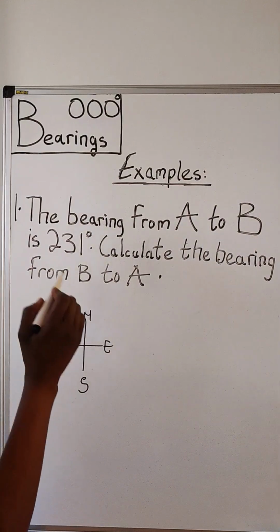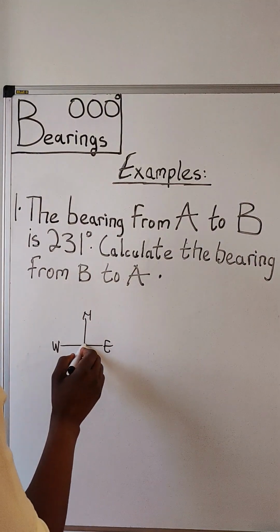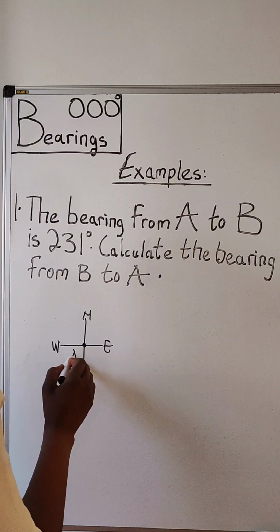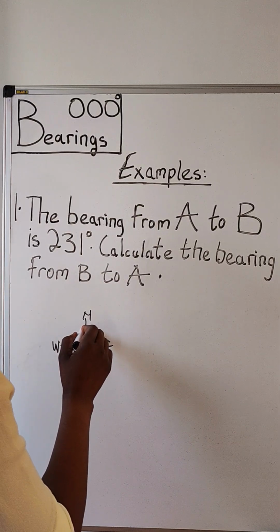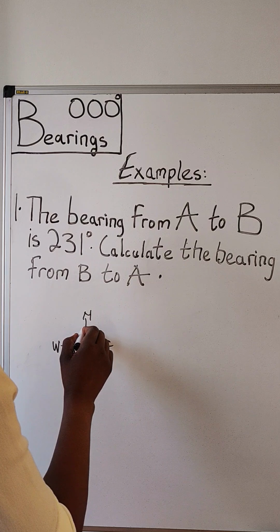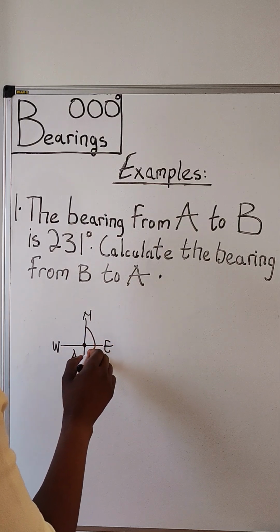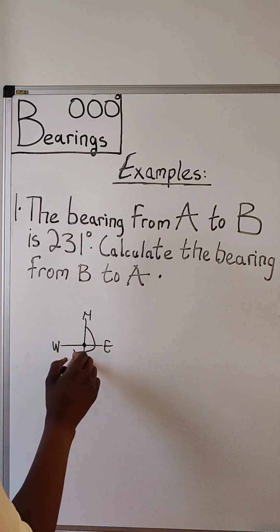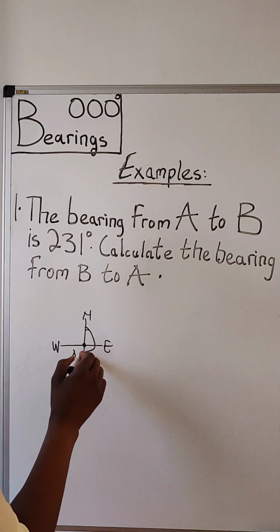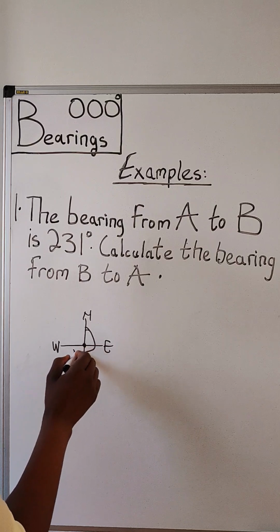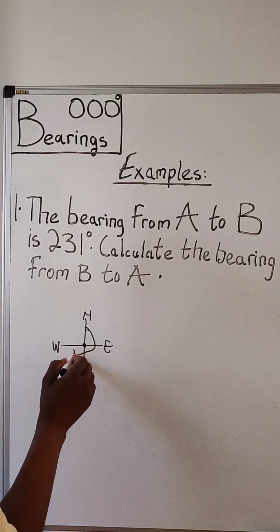So if this is point A, and the journey starts from north clockwise, 231, because this is 90, that's 180, so 231 degrees will be falling in here.